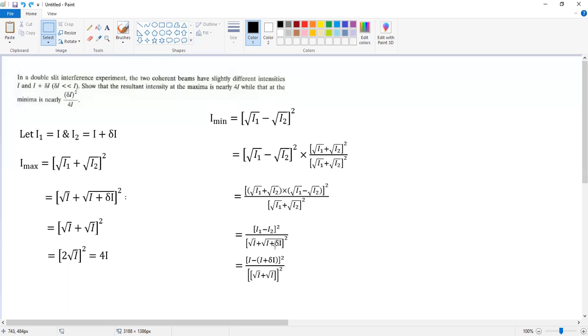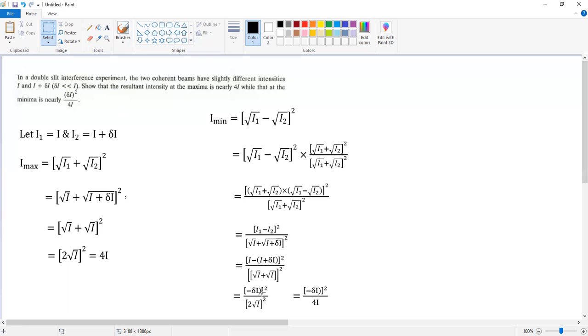So the approximation is applicable only to get the question solved with a slight difference, but you can't make it 0. So in the denominator you can approximate I1 as equal to I2. But in the numerator it's a difference, so it doesn't make the calculation totally absurd; it only helps you calculate the answer very easily.